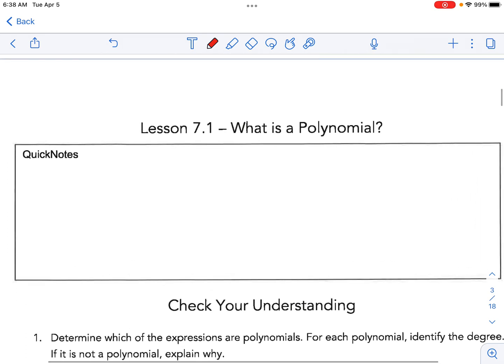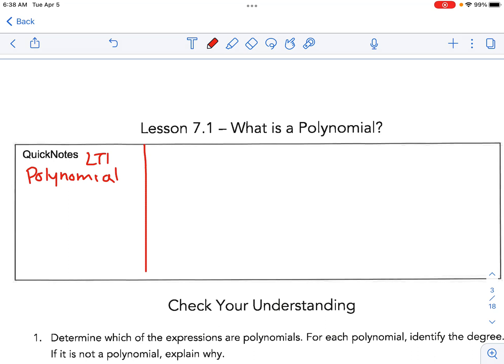And so when we look at the learning targets here, the things to focus on, the first learning target is just the idea of a polynomial. A polynomial is a multi-term expression, and we have terms of constants and variables with whole number powers.